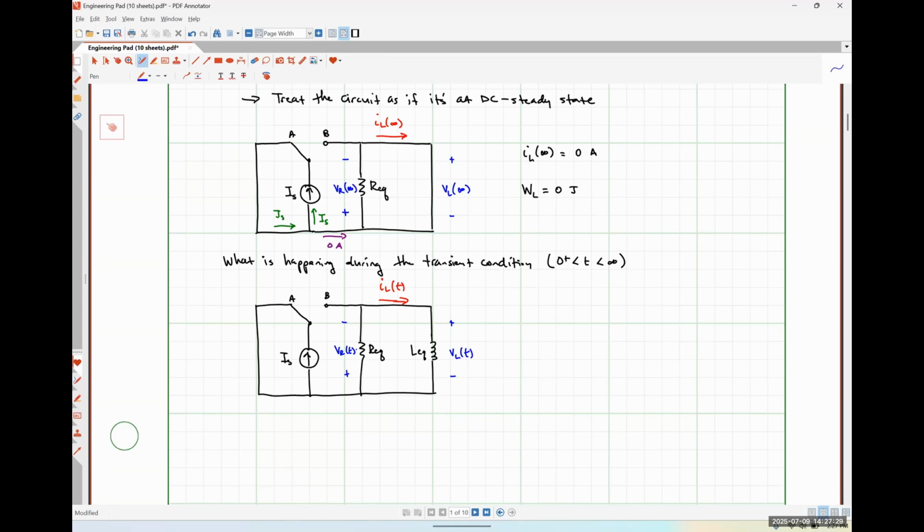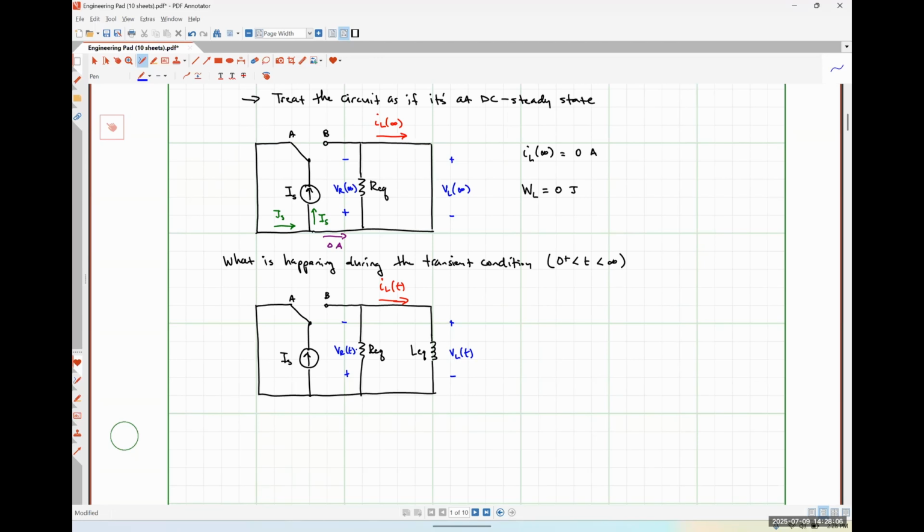So what we're going to see is that over time, our inductor is going to gradually transfer its energy to the resistor, which is going to convert that stored electrical energy into heat until we reach DC steady state again, at which point all of our transferred energy has been converted into heat and our inductor current falls back down to zero. Okay. So that's a kind of word description of what's going on. Now let's see if we can support that with some math.